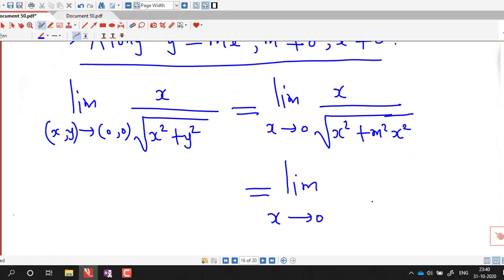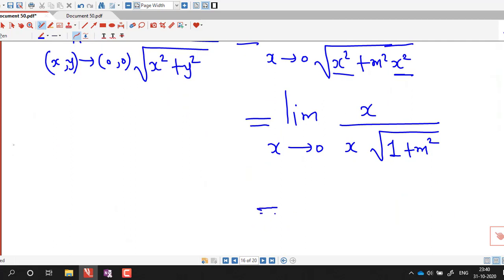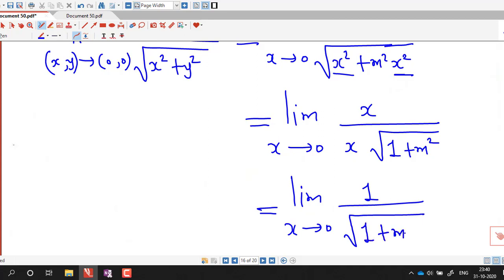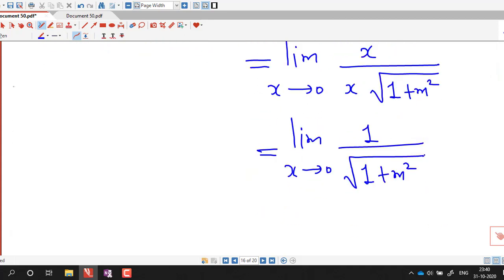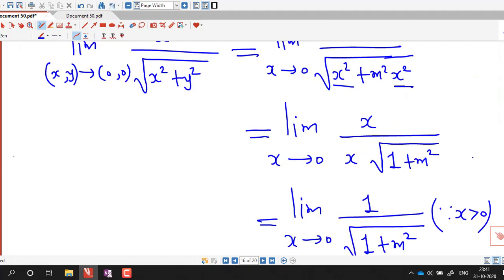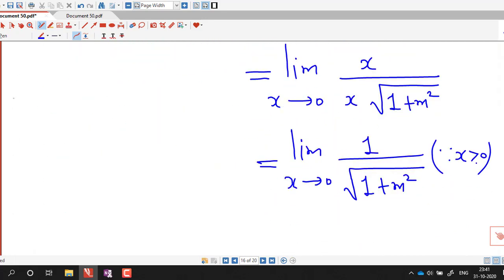So here we can take x square common, and the square root of x square is x. So we have x times square root of (1 plus m square). Now x is non-zero, so we can cancel out x, and we are left with the limit as x tends to 0 of 1 over square root of (1 plus m square). We cancel out x because x is non-zero.